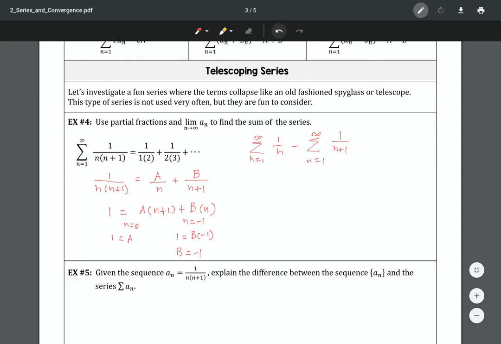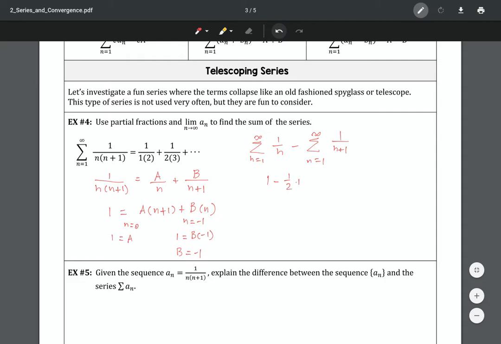And sometimes it's kind of hard to tell what's going to happen with these. So what you would do is just start plugging in numbers. All right. So if I plug in a 1 into this left sum, I would have 1. Minus if I plug in a 1 into the one on the right, I get a half. So again, I'm plugging in a 1 into both sums and subtracting them, right?